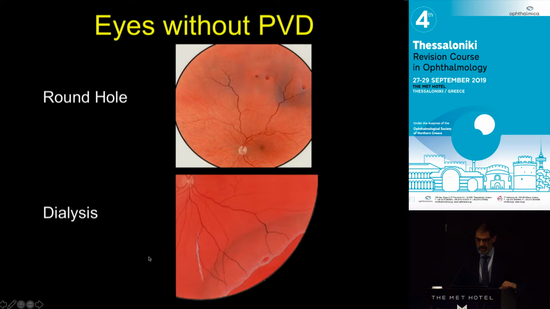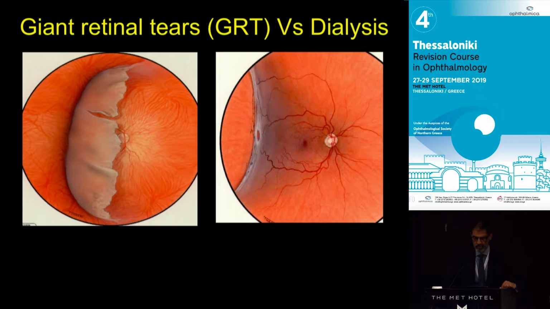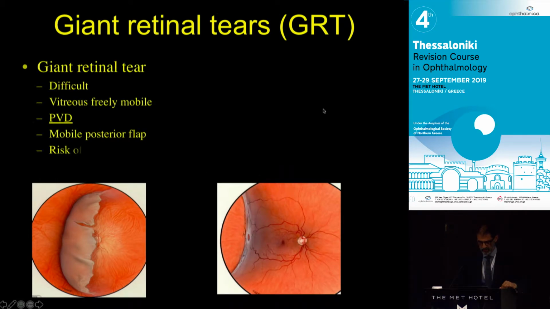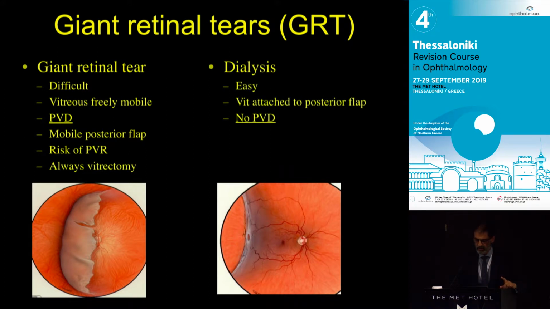In eyes without PVD, and that's a dialysis and round holes in myopic chronic retinal detachments, we tend to predominantly do buckles still, and in giant retinal tears versus dialysis, we'll do a vitrectomy versus a buckle. I won't go through the difference between those two, except to remind you that it's not about where the tear is, but the fact that wherever the tear is, it's got vitreous on its posterior and anterior edge.